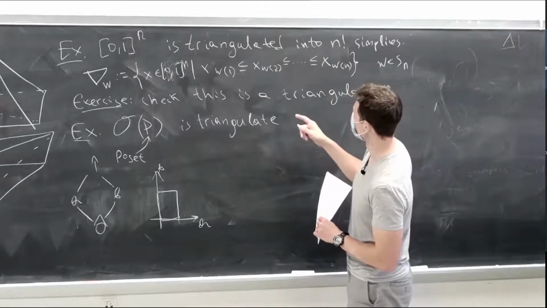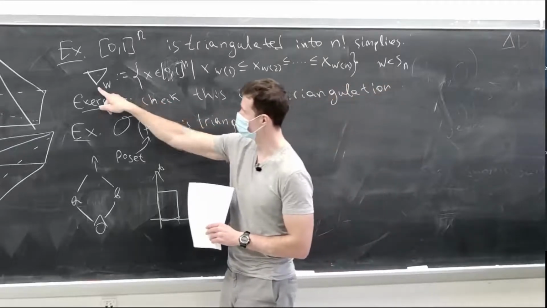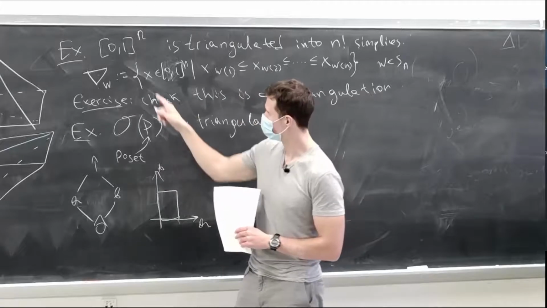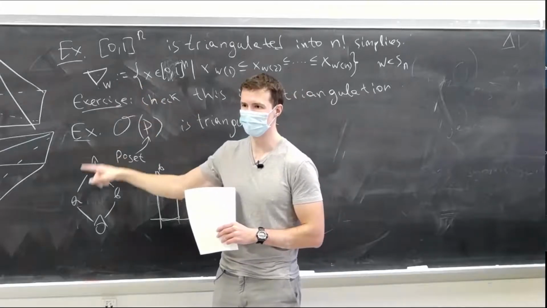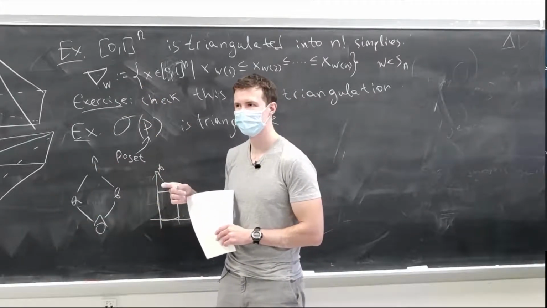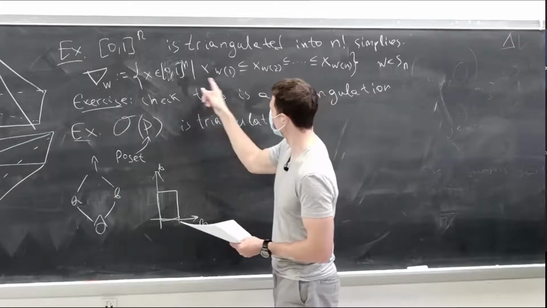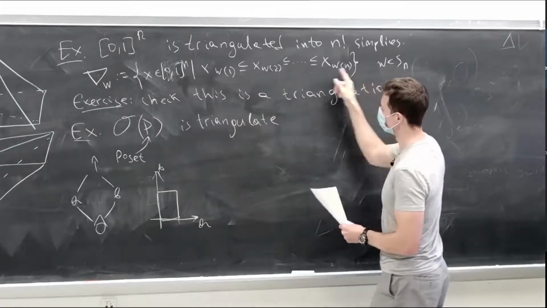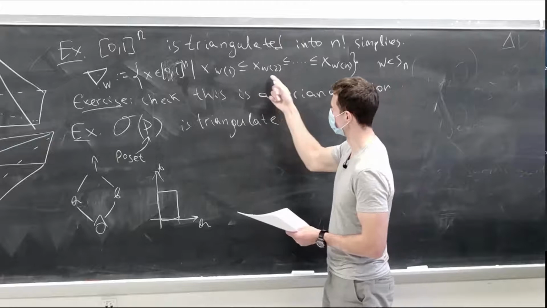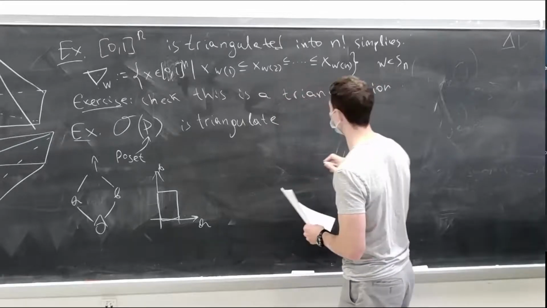Interesting, so you want to take all simplices like this, where W respects the order. So what does it mean to respect the order?